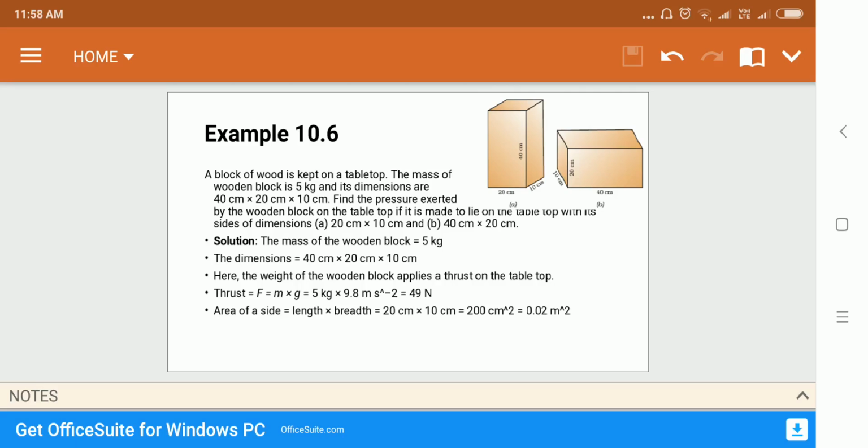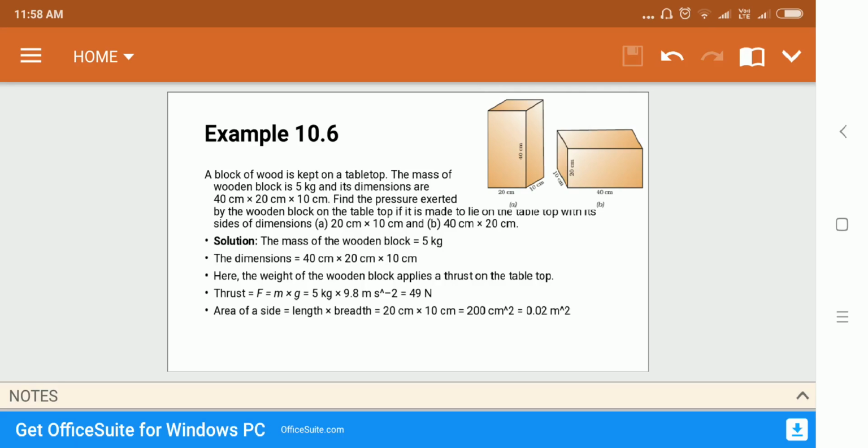Find the pressure exerted by the wooden block on the tabletop if it is made to lie on the tabletop with its side of dimension 20 centimeter cross 10 centimeter, and in the second case, 40 centimeter cross 20 centimeter.